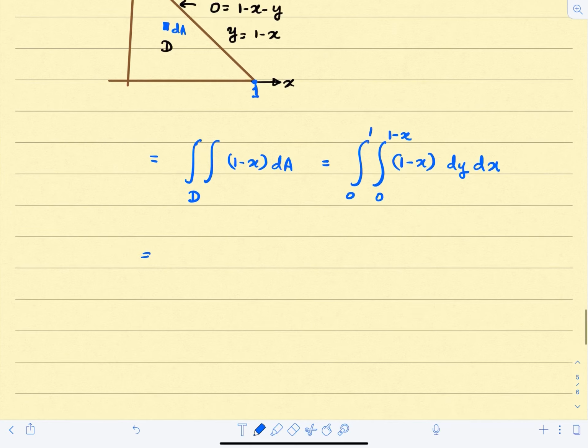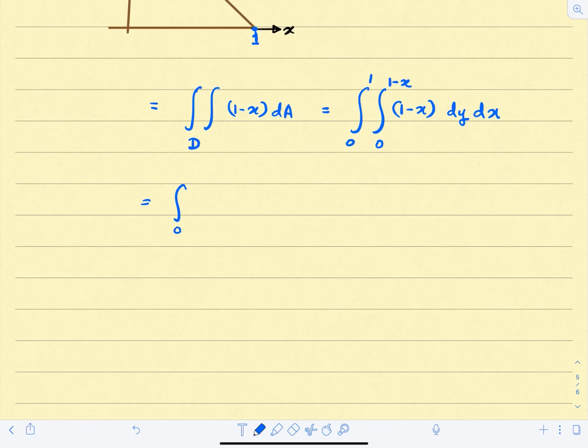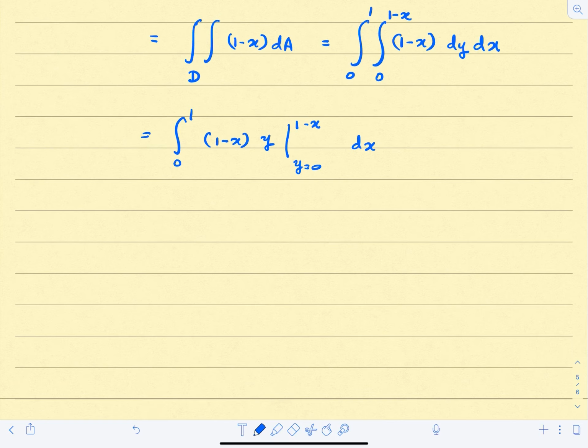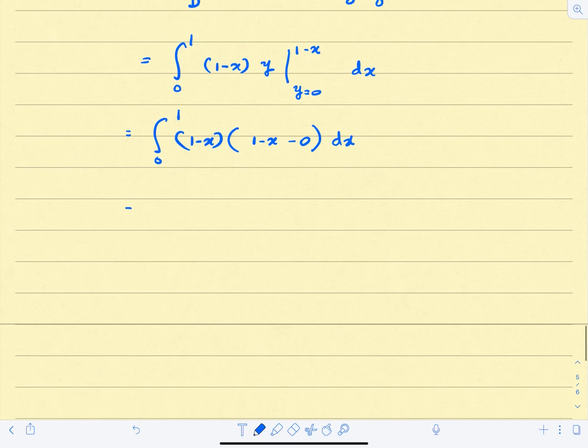So let's evaluate this. You should get 1 minus x times y. Lower limit is 0, upper limit is 1 minus x. Apply the upper limit minus the lower limit. So basically your new integrand becomes 1 minus x quantity squared dx.